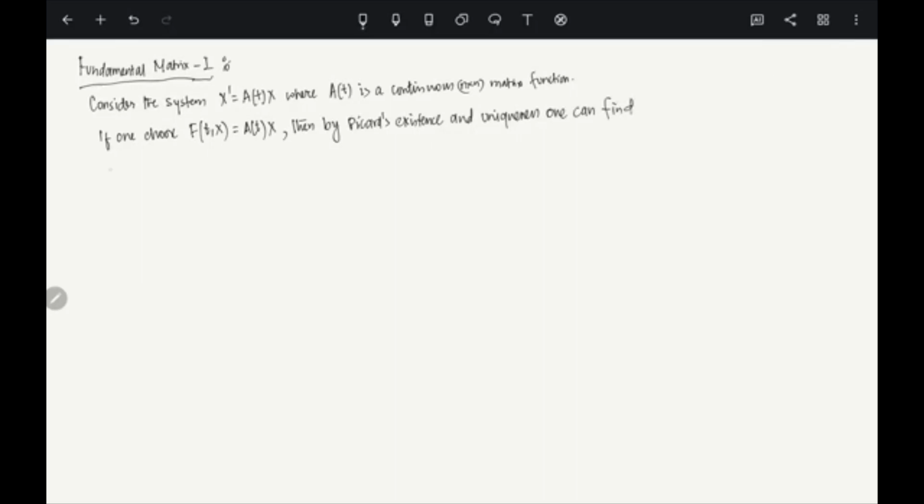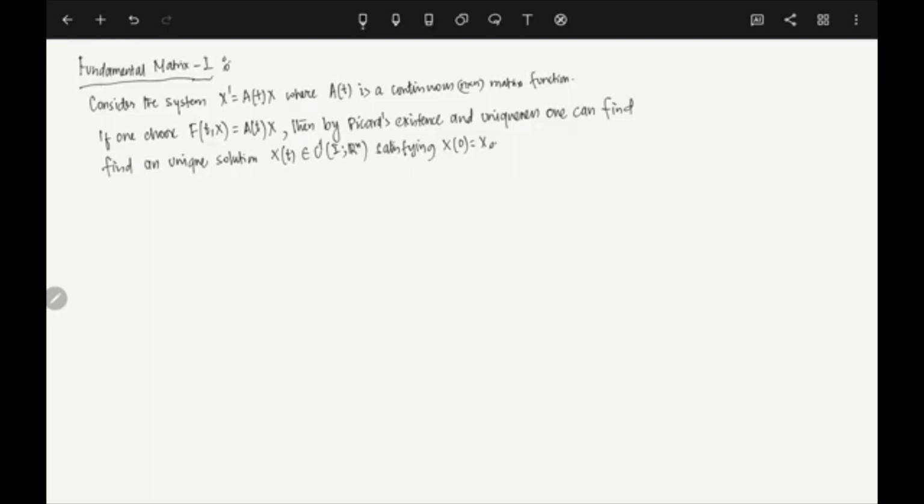Let's call it x of t, and the solution is in C1 of I to Rn, satisfying some initial data, that is, x at the point 0 is x naught. So whenever you are given this initial data, you have a solution which passes through it, via Picard's existence and uniqueness.